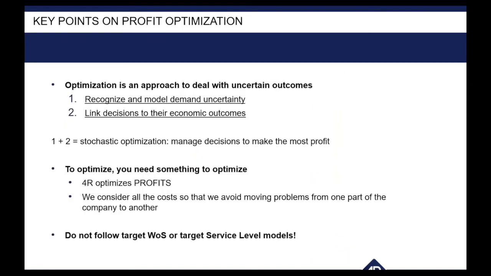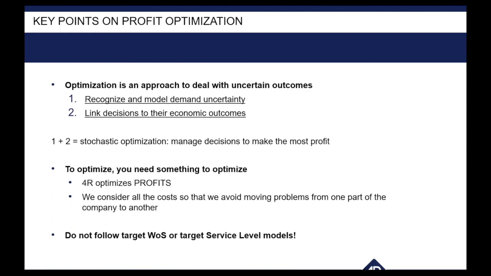Well, it is optimization that we use as an approach to deal with uncertain outcomes. The first step is to recognize and model demand uncertainty. Of course, everybody recognizes it, but we also have to model it and incorporate that model explicitly into the science whose output is the specific inventory recommendation.